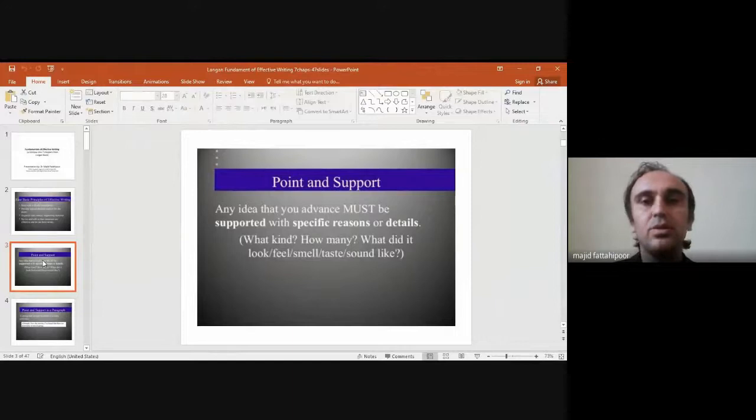Okay. So the second thing about the point of support, you should say that any idea that you advance must be supported with specific reasons or details. So I think any idea comes back to the topic sentence.